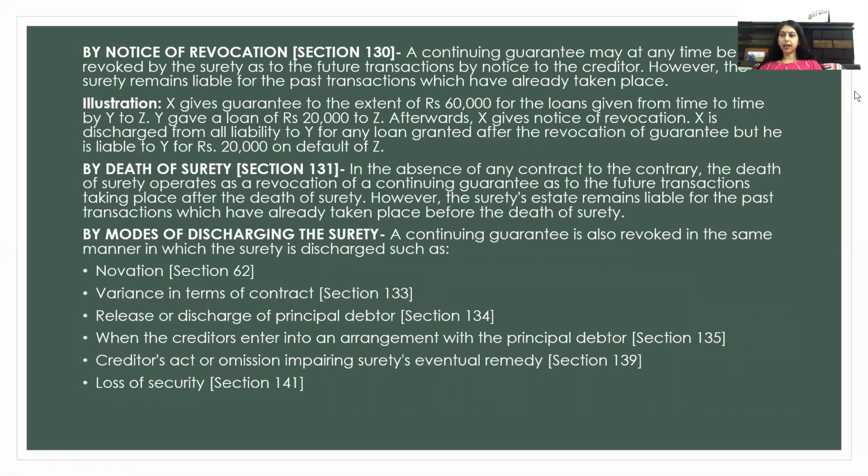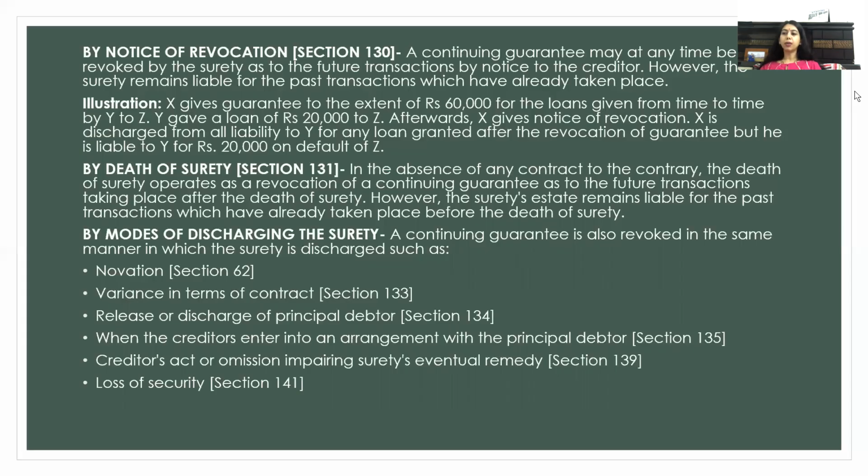So the first category, by notice of revocation under section 130. A continuing guarantee may at any time be revoked by the surety as to the future transactions by notice to the creditor. जब भी चाहे श्योरिटी फ्यूचर ट्रांजैक्शन के लिए क्रेडिटर को नोटिस देकर उस गारंटी को रिवोक कर सकता है.